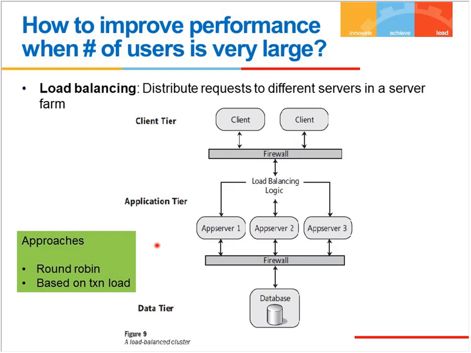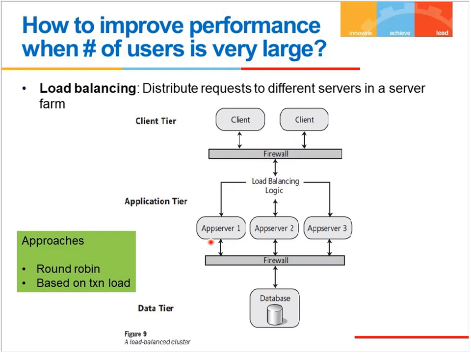Now there could be many approaches. One approach is called round robin. The first request is sent to server 1, the second to server 2, the third to server 3, the fourth to server 1, the fifth to server 2. So basically it goes in a round robin fashion and keeps distributing the requests in a round robin way.